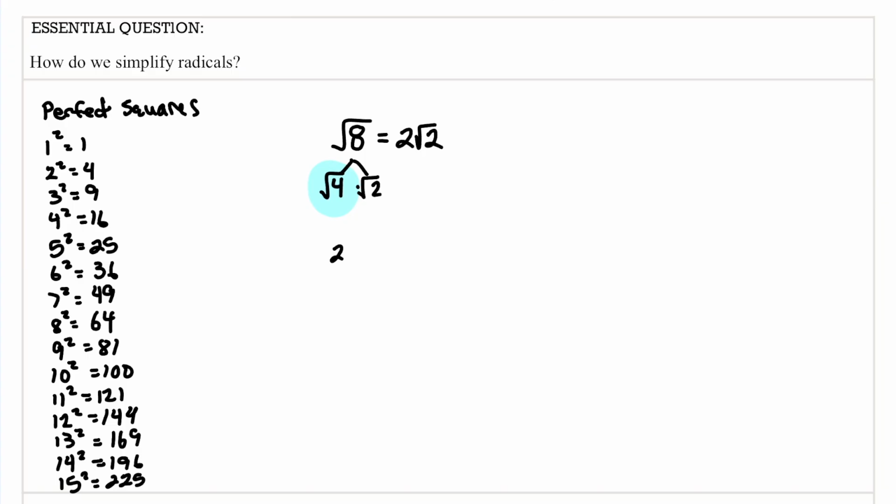If we look at a couple more examples, if we have the square root of 27, we could try 25, because we're going to start with a number less than our radicand. 25 doesn't divide it, 16 doesn't divide it, but 9 does divide 27. So that would be the square root of 9 times the square root of 3, and then that becomes 3 radical 3.